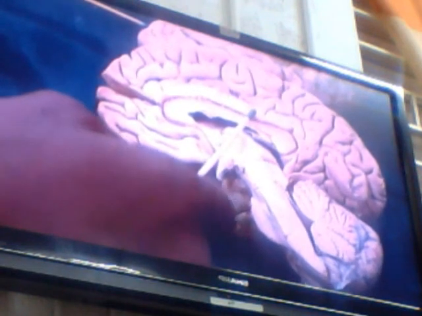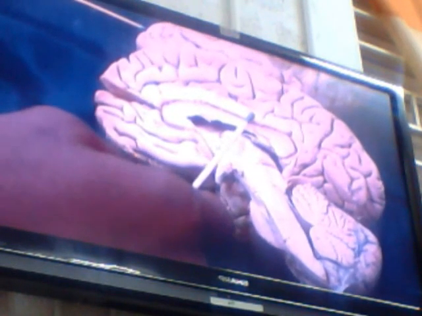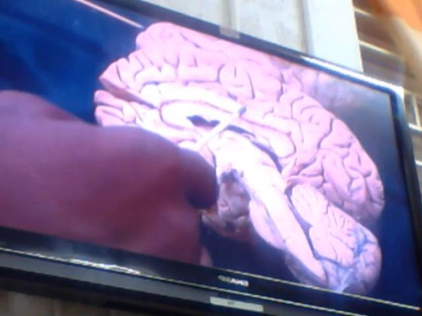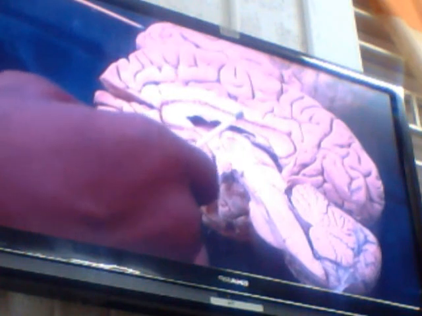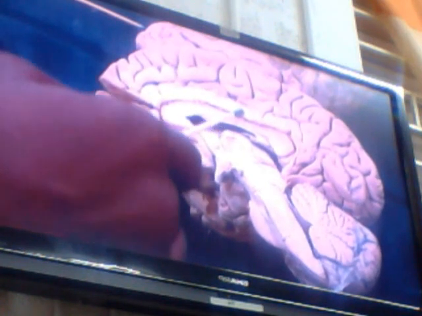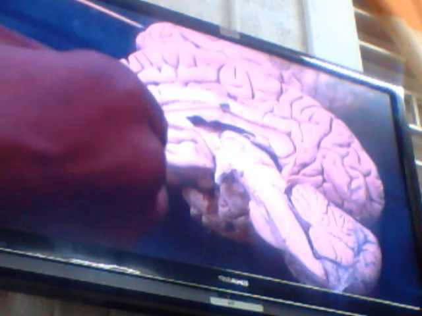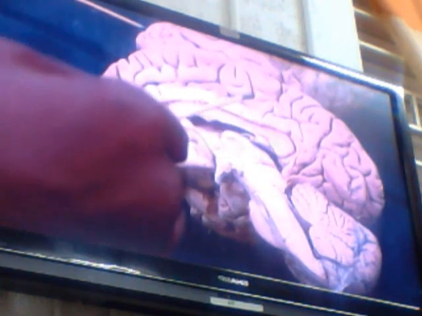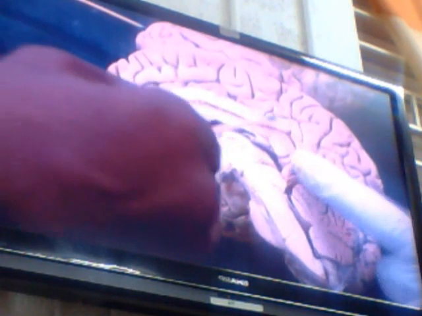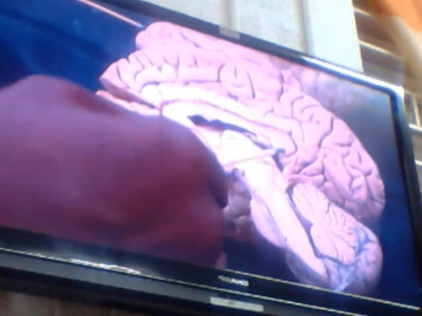What's the name of that one he's pointing to? Cingulate gyrus. What do you call the fibers inside it? Yes, the fibers in this one. So that comes around, and this thing here is the splenium. Show me the splenium.